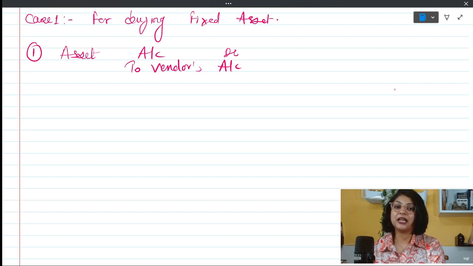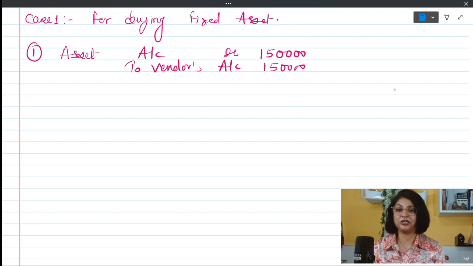Now understand what scenarios can be there. Let's see, if we have bought this machinery for 1,50,000 rupees, now we will have to issue debentures equal to 1,50,000 rupees. Let's say each debenture is of 100 rupees.